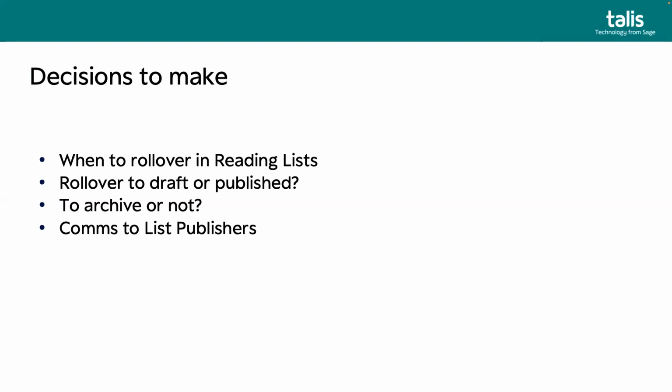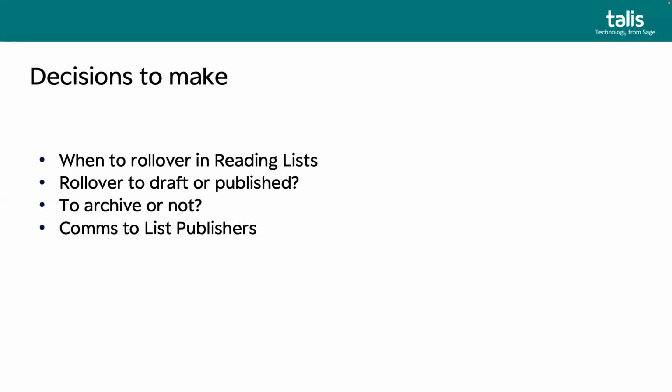It's not visible to the students for next year yet. And so basically, you're forcing them to say, yep, I'm going to look at my list. Even if there are no changes required, I've looked at it, I've decided that that's how it should be, and I've hit the publish button. So you're not putting anything in front of the students that hasn't been approved by the lecturer. That's the sort of pro argument.